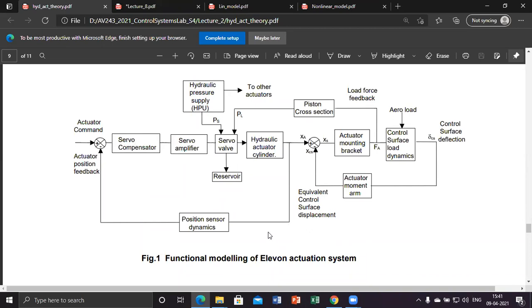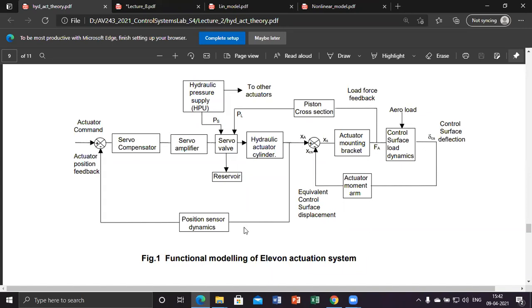If you ask me to explain how a hydraulic actuator works, whatever I was telling so far are the different parts separately, their functions; but how they work together as a single system is shown by this diagram.